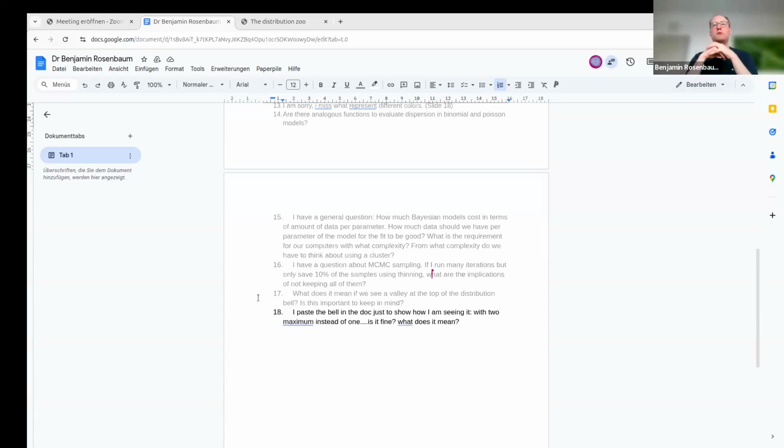Usually, if you increase the number of samples to a very high number, at some point you see that it is smooth. Sometimes there are cases where you actually have multimodality, where the posterior has multiple peaks. But often, if your histogram just doesn't align 100% smoothly, that's nothing to worry about.